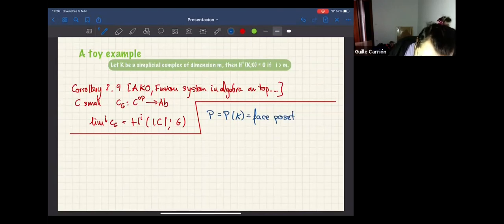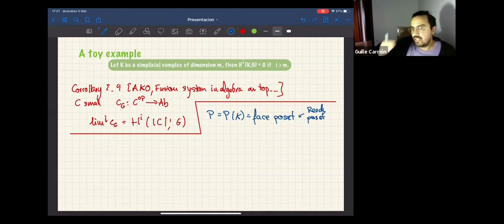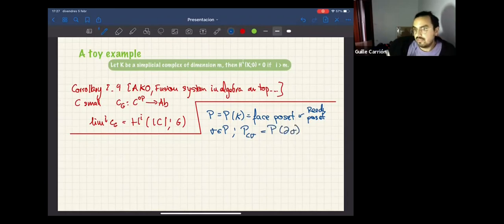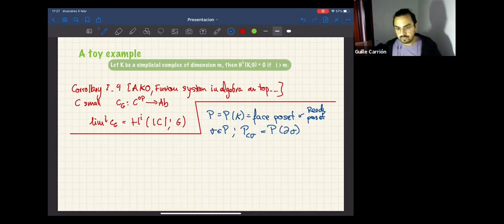So first, if you have a simplicial complex and P is the face poset, then this is a Reedy poset, and the filtration is given by the dimension of every simplex. And observe that if you have a simplex, then this category is just the face poset of the boundary of the simplex.